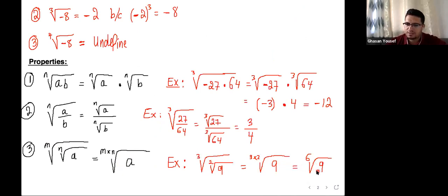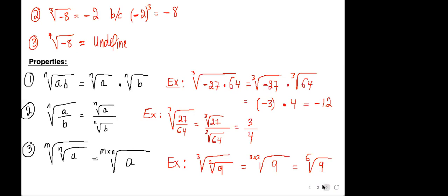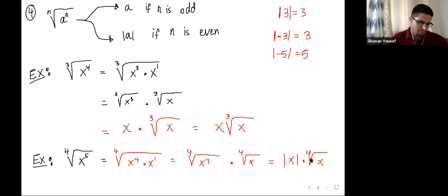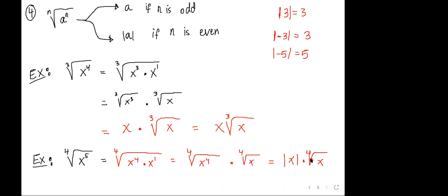That gives me the sixth root of 9. Okay, Ahmed? Yeah, thank you. Other questions? Do we leave it like that, or should we find the absolute value of x? No, you leave it like this. Okay, thank you.